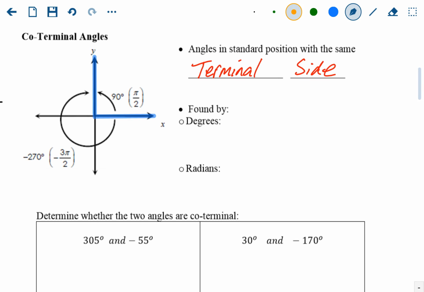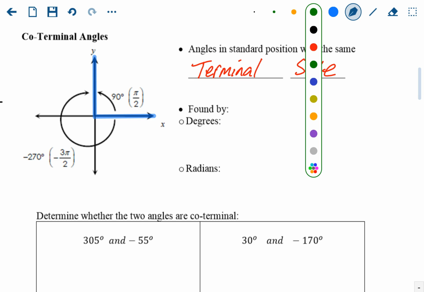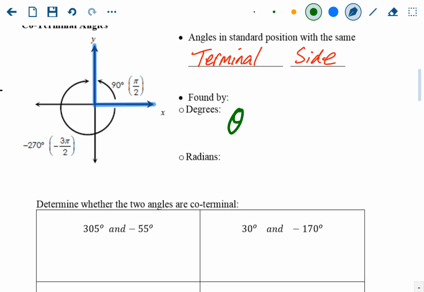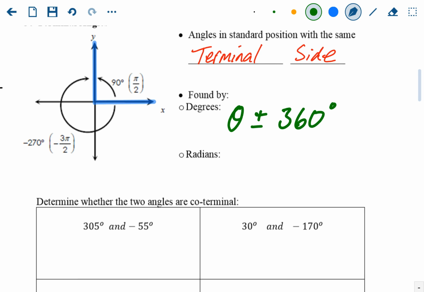For degrees, we do the angle plus and minus 360 degrees. Remember, we use theta for angles. You just add and subtract 360 degrees, because that's going all the way around the graph and then back wherever you started. For radians, it's the same thing.